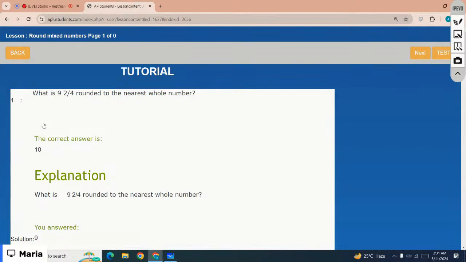Okay, what is 9 whole 2 by 4 rounded to the nearest whole number? So how do we round 9 whole 2 by 4? So basically when rounding the mixed numbers, you have to look at the fractional part, right? If the fractional part is equal to or greater than 1 by 2, that means you need to round up.